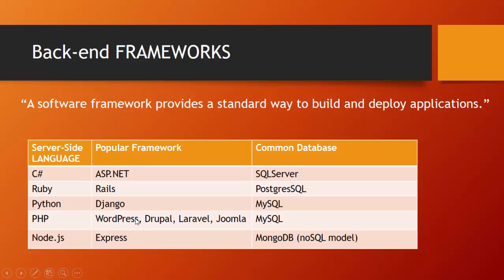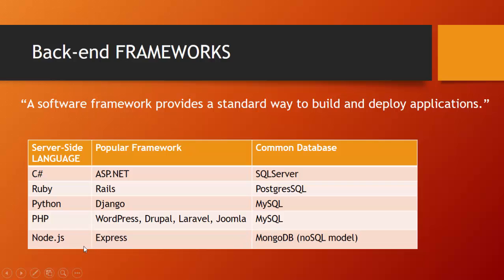However, you can think of it as a framework for developing your web application. But behind the scenes, behind that WordPress interface, PHP is doing the heavy lifting of moving the content around and organizing it.